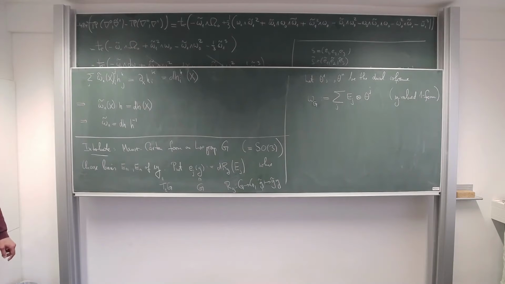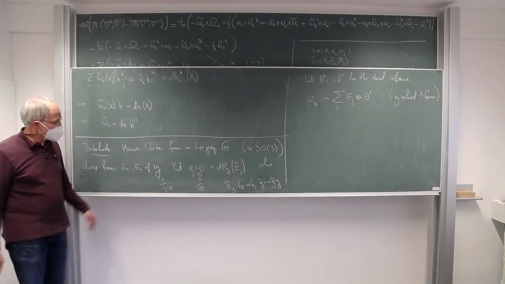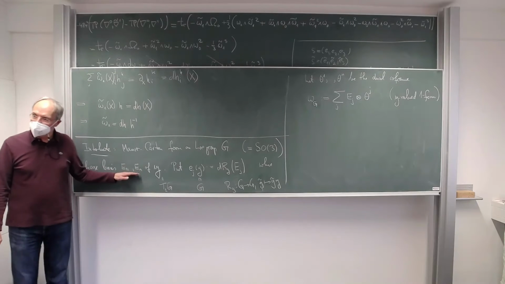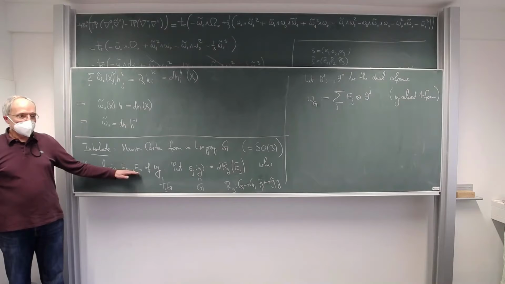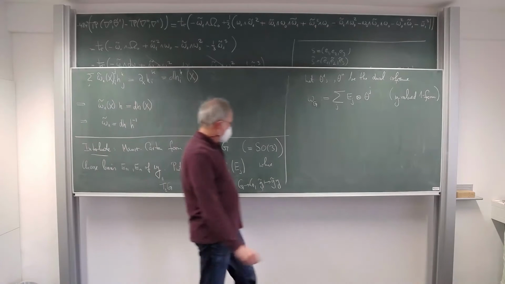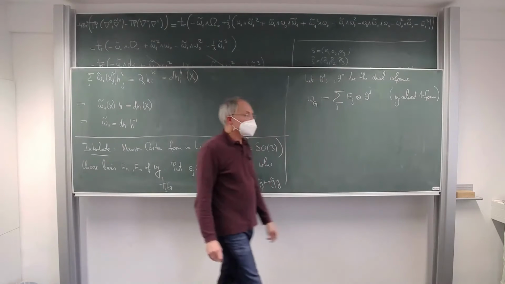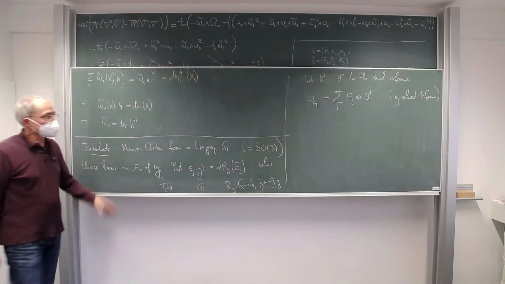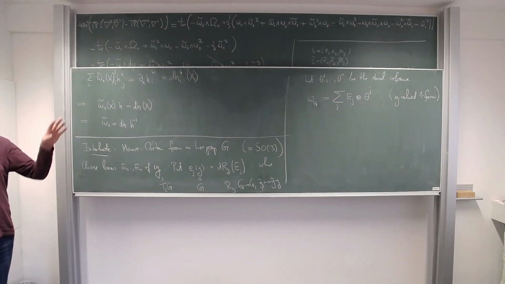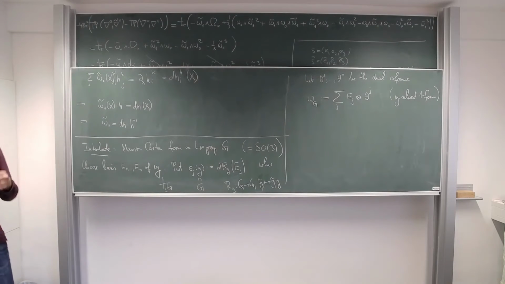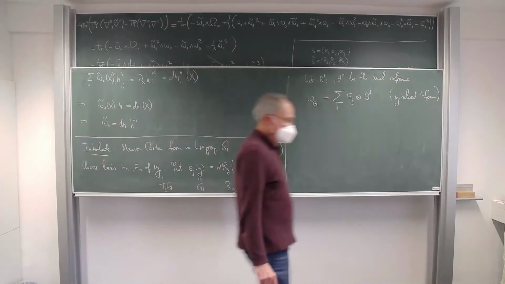Okay, and you can check by hand if you want at this point that this does not depend on the choice of basis here. Because if you choose another basis, then the corresponding transformation will be corrected by the corresponding transformation that you have on the dual basis. However, we will see a formula for the Maurer-Cartan form which is more invariant anyway, so we don't really have to do that.